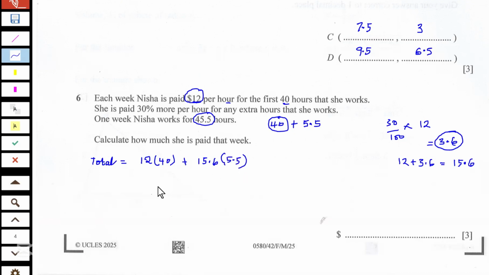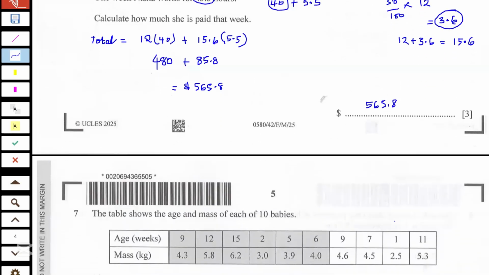So 12 times 40 is equal to 480, plus 15.6 times 5.5 will be 85.8. So if you add 480 to 85.8, you're going to get, in dollars, 565.8. So the final answer to this is $565.8.